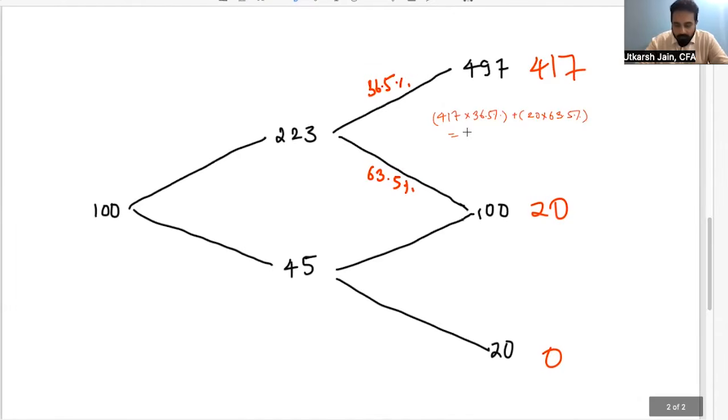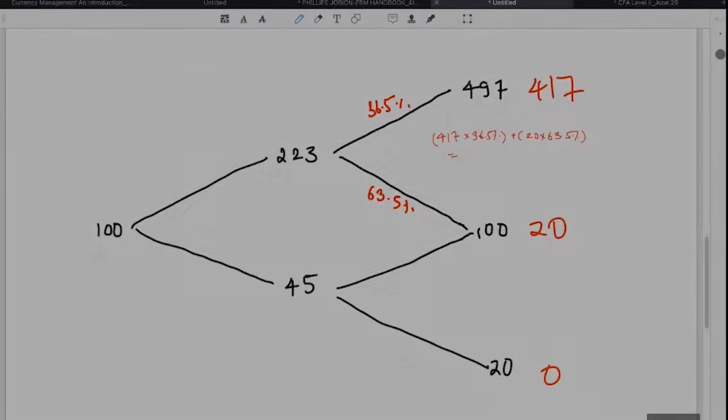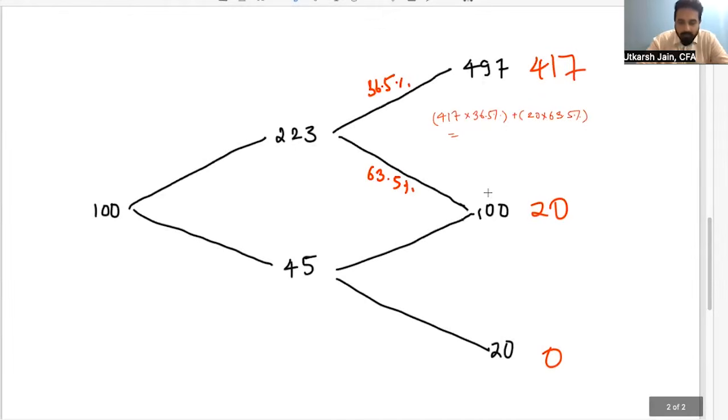Average price is 417 into 0.365 plus bracket open 20 into 0.365 bracket close equal to 150. I must have made some mistake. 417 into 0.365 plus bracket open 20 into 0.635 bracket close equal to 164.90.